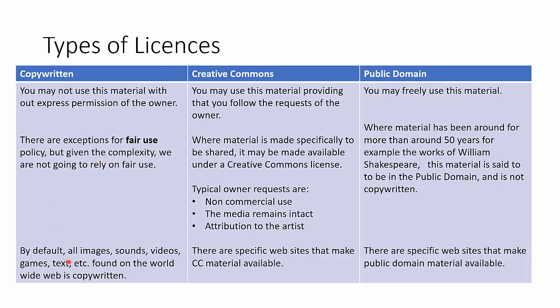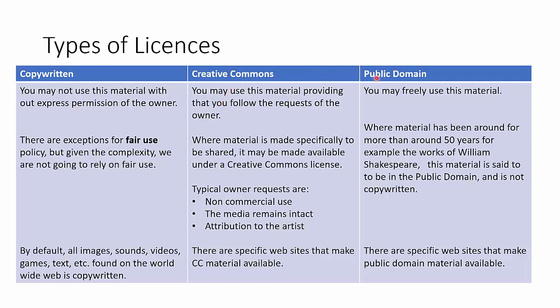By default, all material on the internet is copyrighted. So unless you know for sure that you're going to be using Creative Commons or public domain material, you're using copyrighted material and you need to get permission of the owner to use it.